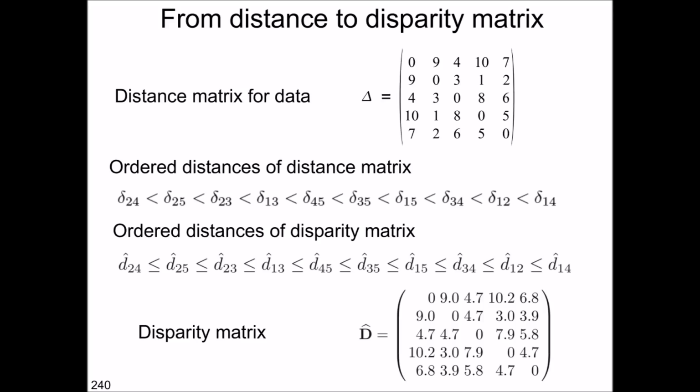So as we had the ordered distances before, one distance was always lower than the next one. Here we say the distance in the disparity matrix needs to be smaller or equal than the other one. So the distance between 2 and 3 in the disparity matrix needs to be smaller than or equal to the distance 1, 3, and so on, and that's fulfilled in the final disparity matrix.